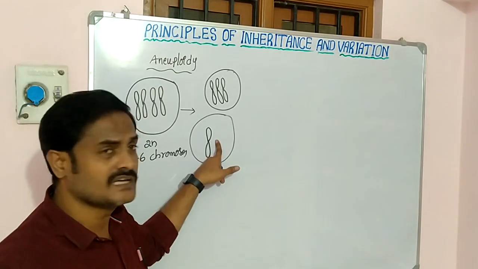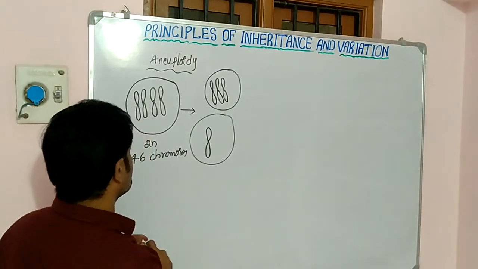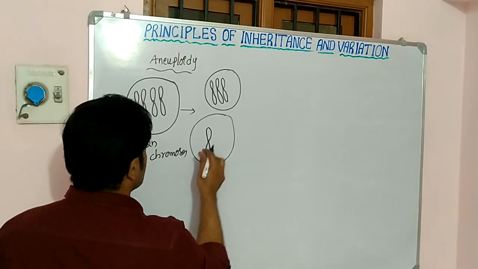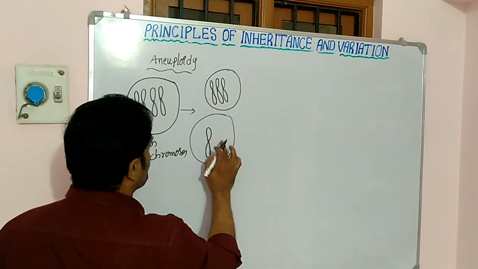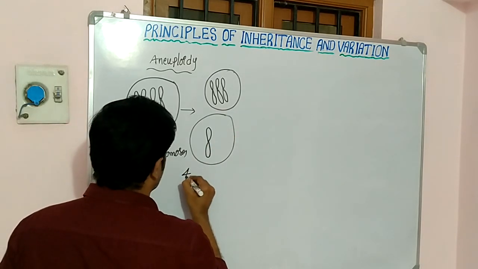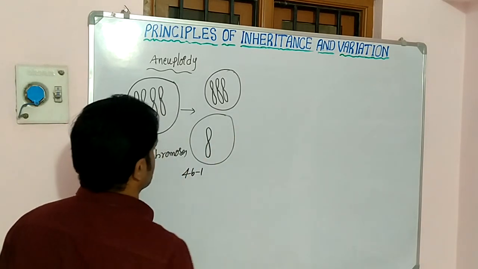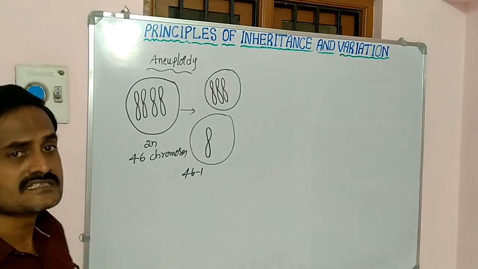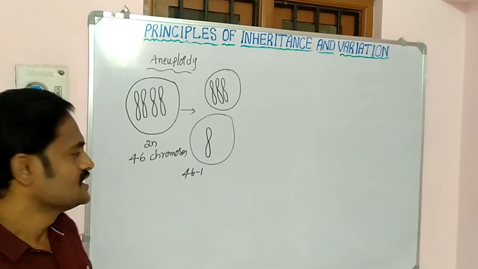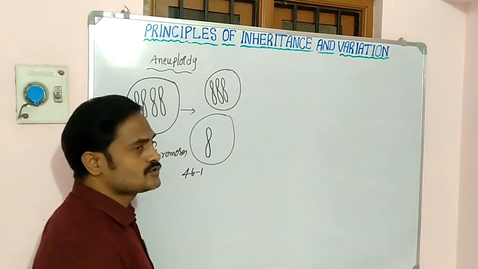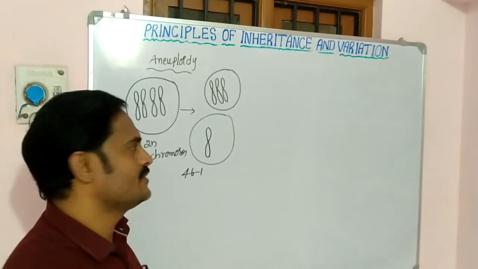Normal 46 chromosomes, then the cell lost one chromosome: 46 minus 1.